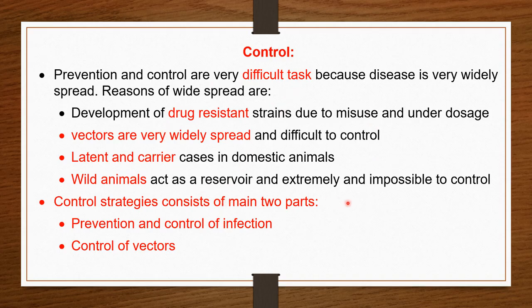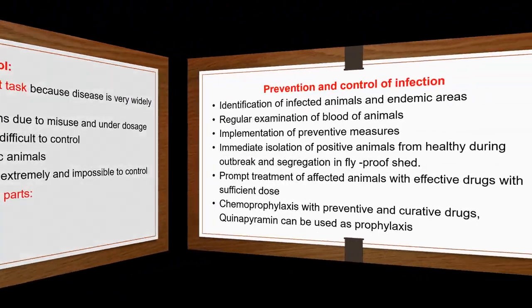The reasons are there. But control strategies consist of two main parts: prevention and control of infection, and control of vectors. In the next slides, we will see these.